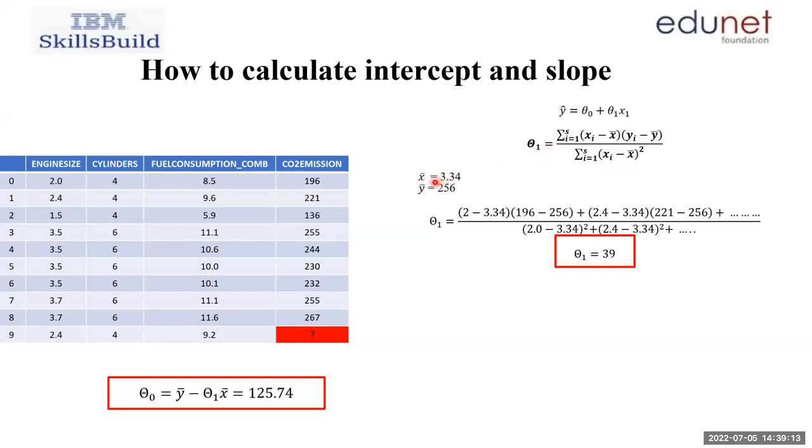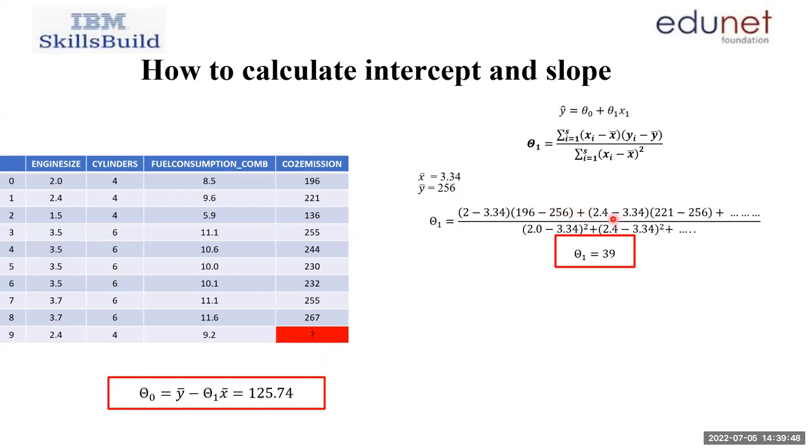So here x bar is the mean of this column, which is 3.34. Then y bar is the mean of this column up to 267, that is 256. Now we find theta 1. For the first row, 2 minus the mean 3.34, and 196 minus the mean 256.